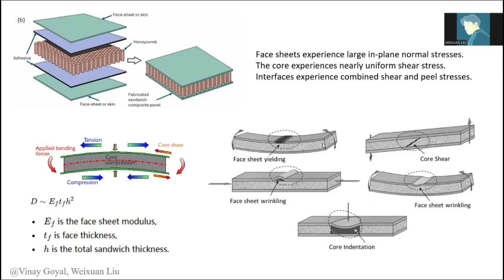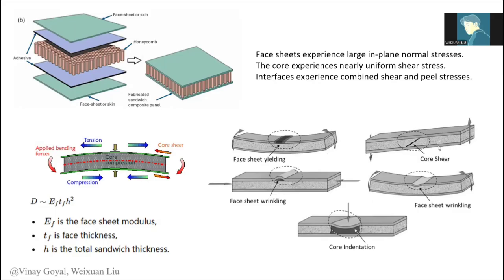For example, under bending, because the face sheet is under tension and compression, it will have face sheet yielding. With compression, it will have face sheet wrinkling, which is kind of like an Euler buckling effect. Under purely compression, it will also have this wrinkling effect.